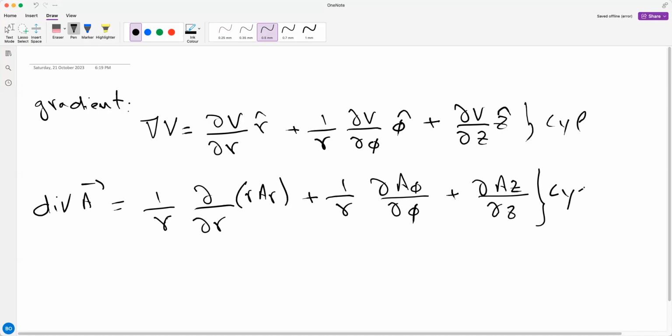This is to show you that the gradient in cylindrical form is completely different from the divergence of a vector in cylindrical coordinates, and the same thing holds for spherical coordinates.